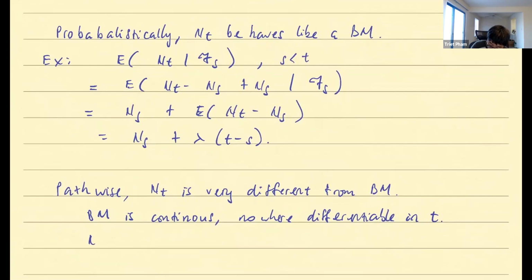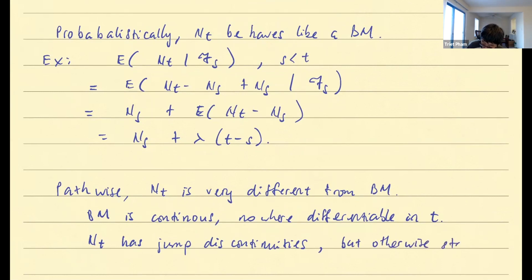The Poisson process, on the other hand, has jumps. Otherwise it would just be differentiable because it's just constant. So in other words, while this guy changes all the time because it's nowhere differentiable, the Poisson process rarely changes. But when it changes, it changes in a discontinuous way.